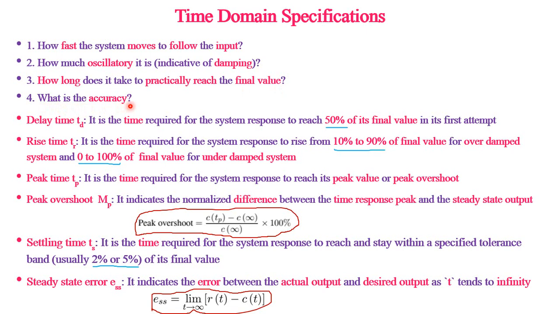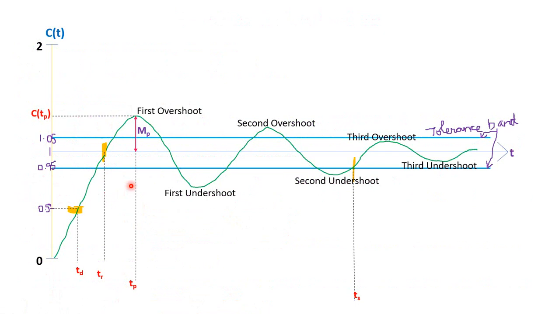So based on these four, if we want to design the control system, then we should know the time domain specifications. We can understand these time domain specifications, and whatever I have said in the previous slide for the underdamped system, with the help of the next slide.